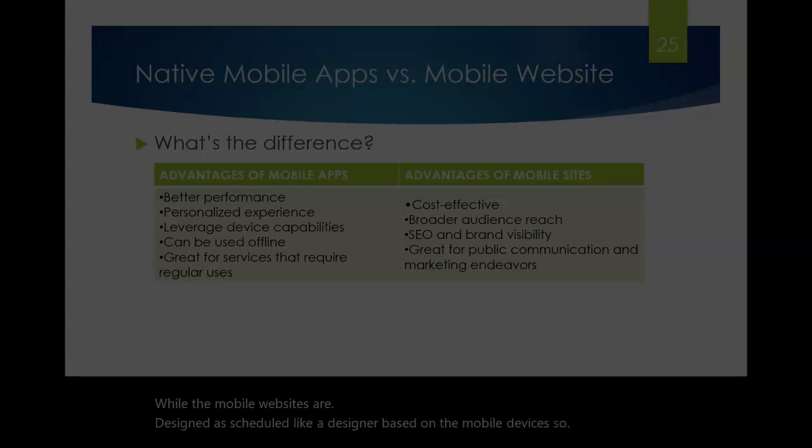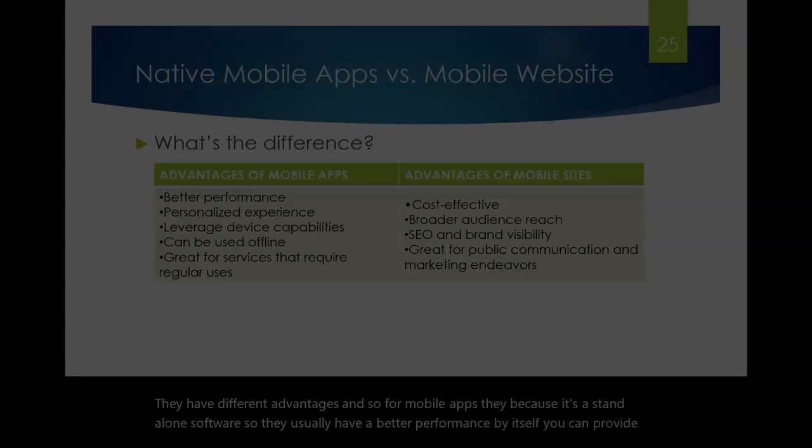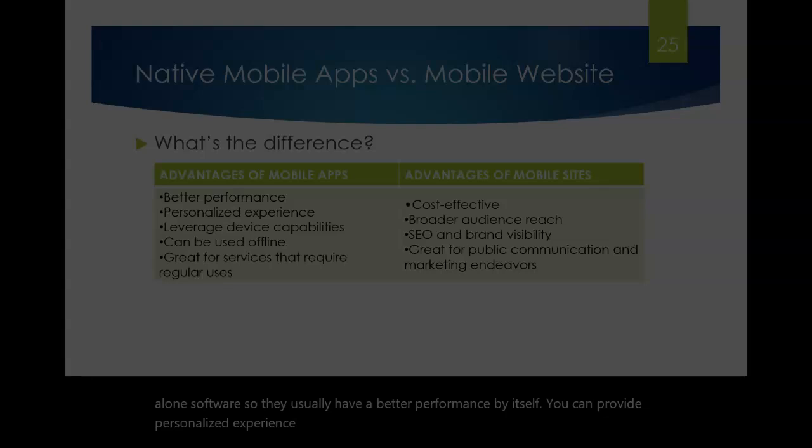They have different advantages. Mobile apps, because they are standalone software, usually have better performance by themselves. You can provide a personalized experience inside the app. It's also better at leveraging device capabilities like the camera, touch, volume, and direct call.